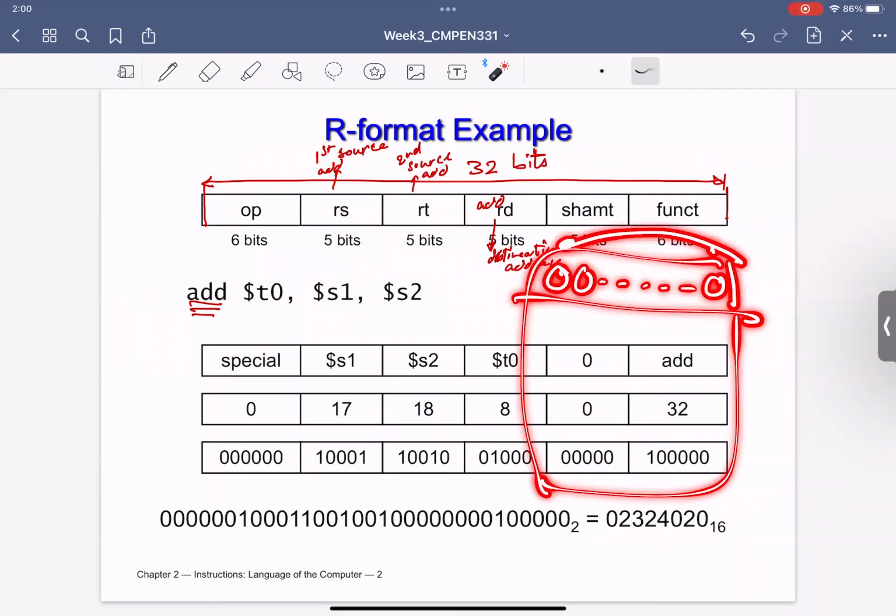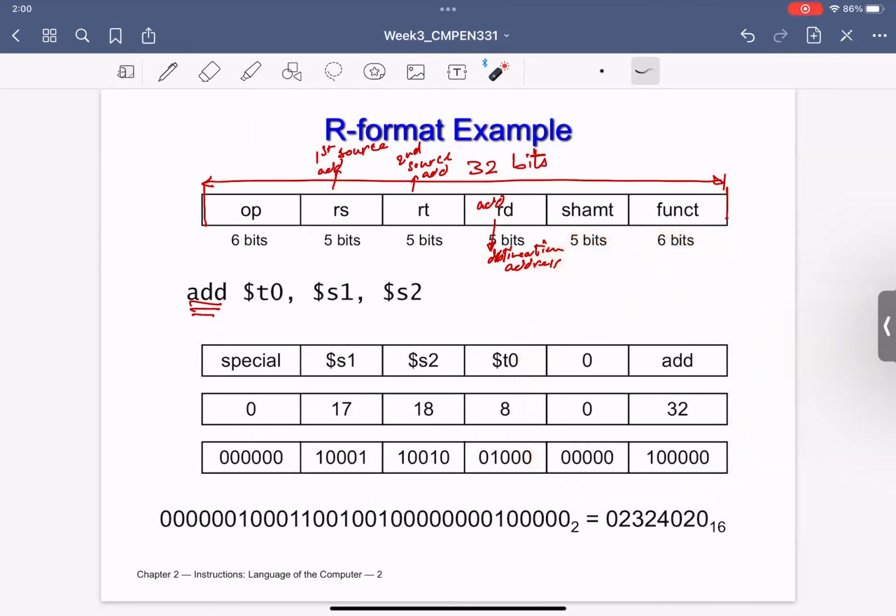How many bits? Again, 32. Correct? How many shifts? Sorry, 32 shifts. How many bits do you need to account for a shift of 32? Again, 5 bits, so I can tell it: please do this number of shifts. The maximum will be 32, and that's why you need at least 5 bits.